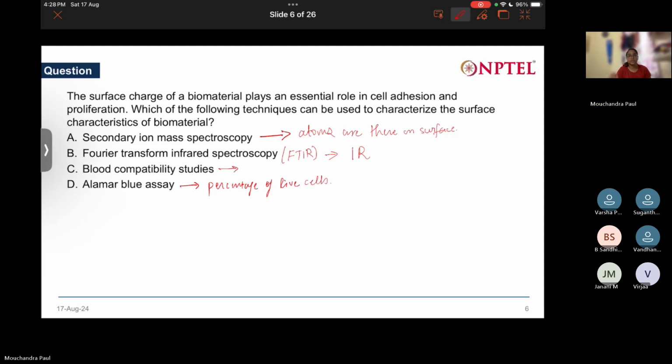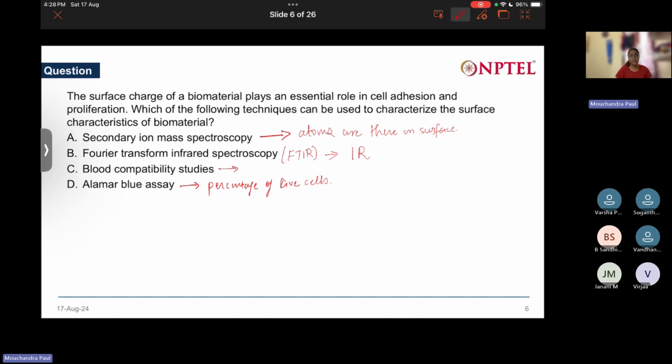So we seed some number of cells, they grow, and we want to understand how many of the added cells are live or how many of those are dead. Okay, so the greater the live cells, the higher will be the viability percentage. So in order to find that, we use this assay.